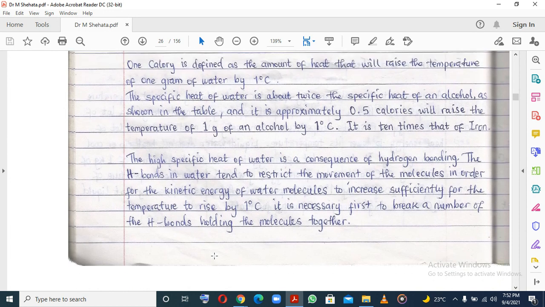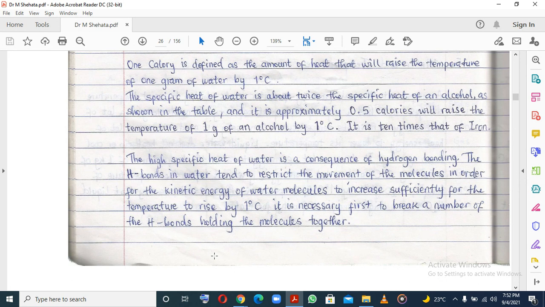So we want to talk about something, a calorie. A calorie is the amount of heat that will raise the temperature of 1 gram of water by 1 degree. So we've talked about the specific heat capacity of water. In comparison with alcohol, we see that water has a very, very high specific heat capacity for its size.